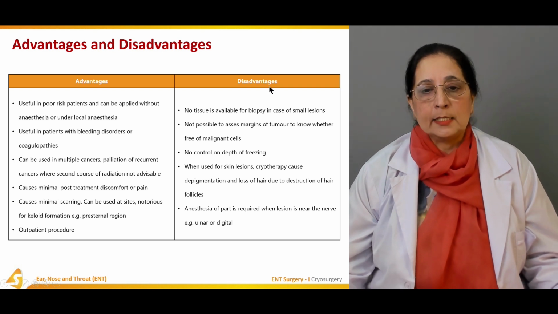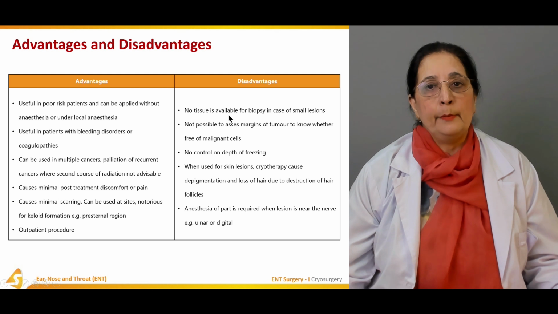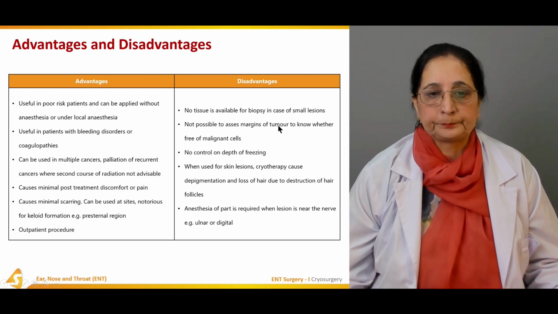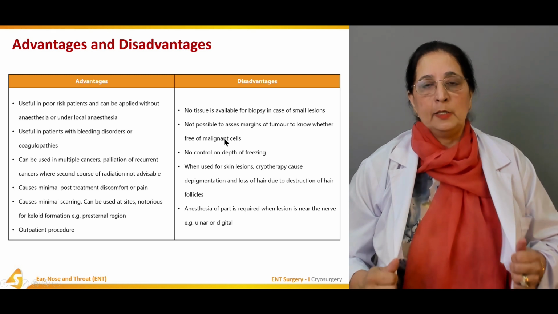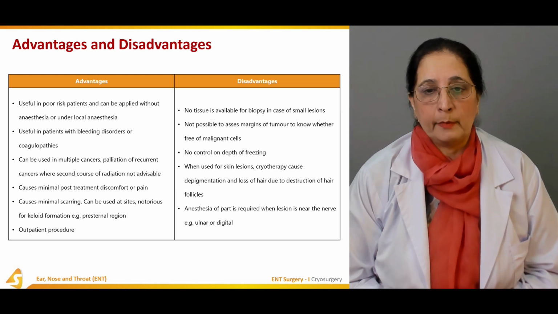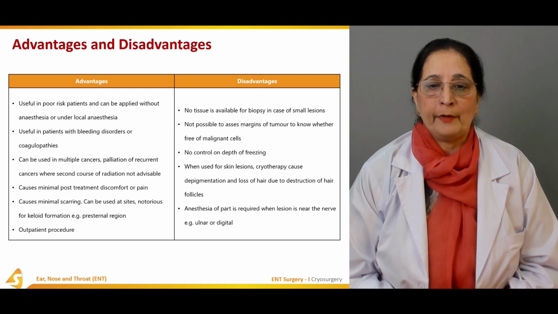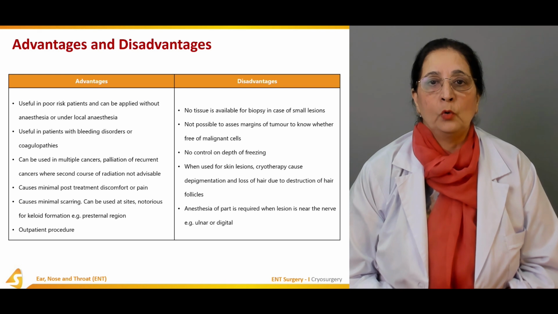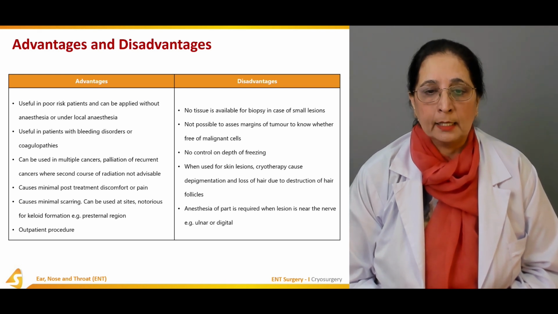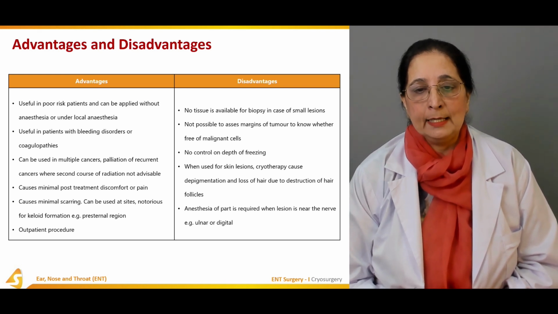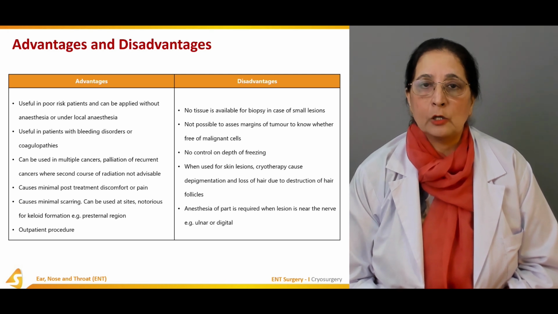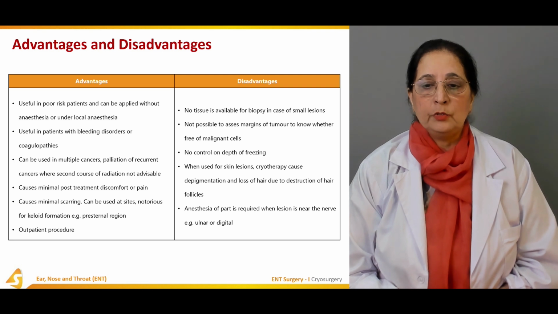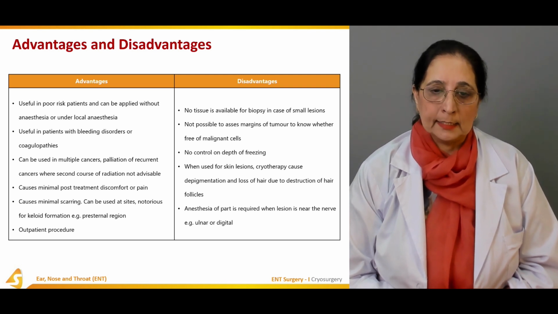Some disadvantages: no tissue is available for biopsy in case of small lesions. It is not possible to assess the margins of the tumor to know whether they are free of malignant cells. There is no control on the depth of freezing. When used for skin lesions, cryotherapy causes depigmentation and loss of hair due to destruction of hair follicles.